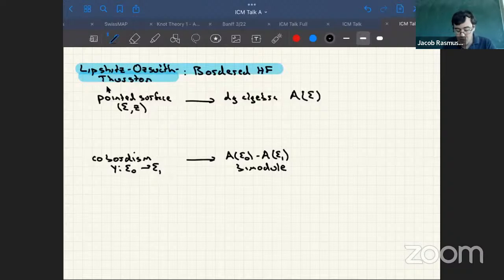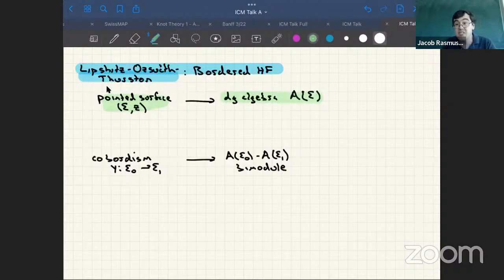Well, it's been worked out by Lipshitz, Ozsváth, and Thurston in a theory which is usually referred to as bordered Floer homology. Okay. And what Lipshitz, Ozsváth, and Thurston tell us is that if I start with a pointed surface sigma with a point z in it, then out of that, I should get a DG algebra A of sigma.